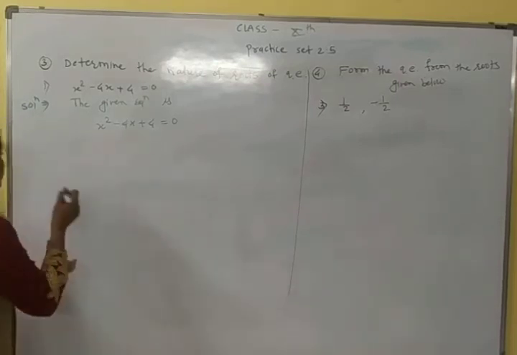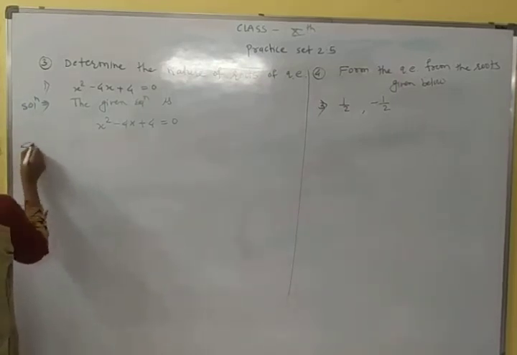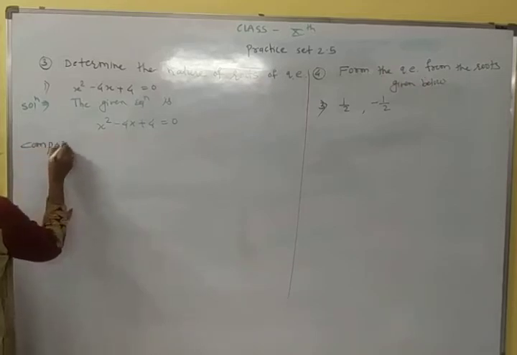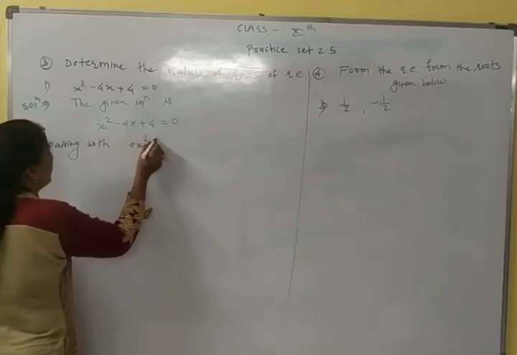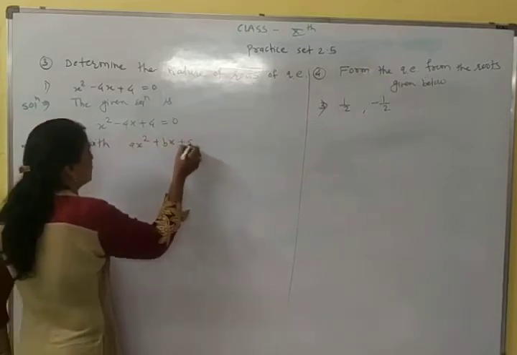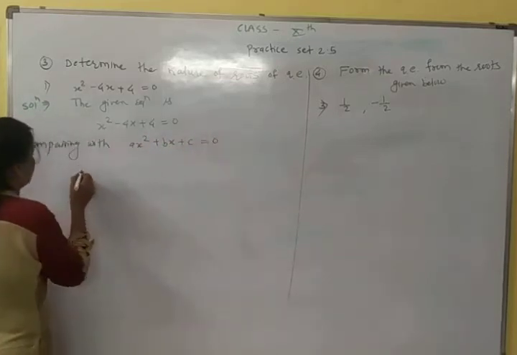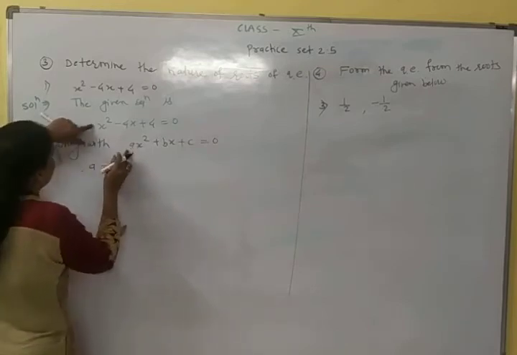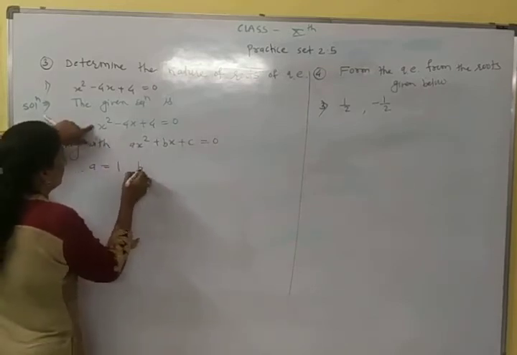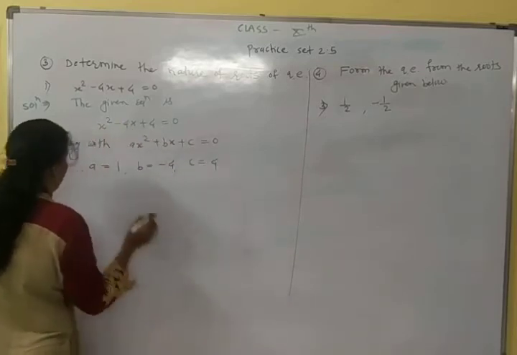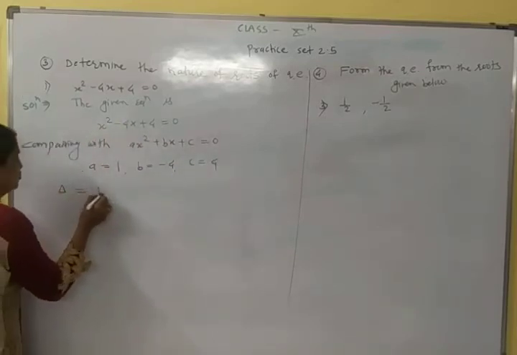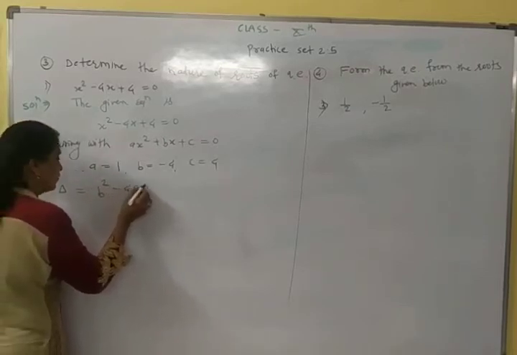Then first comparing with ax square plus bx plus c is equal to 0. Therefore, here a equal to coefficient of x square is 1, b equal to minus 4 and c equal to 4. And delta equal to b square minus 4ac.